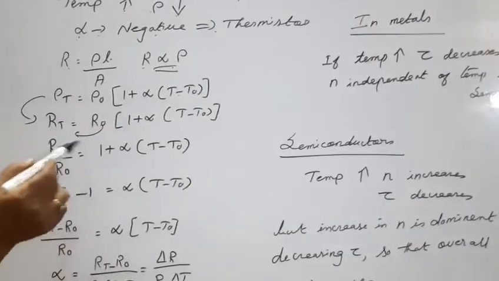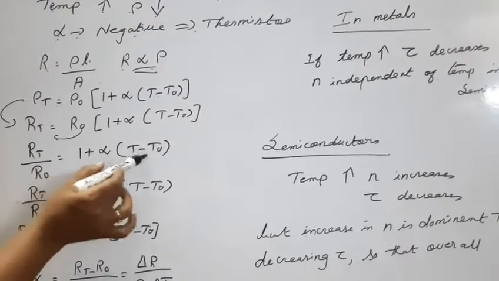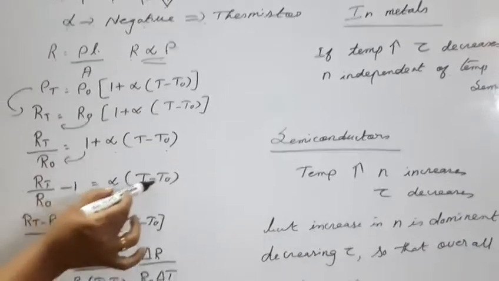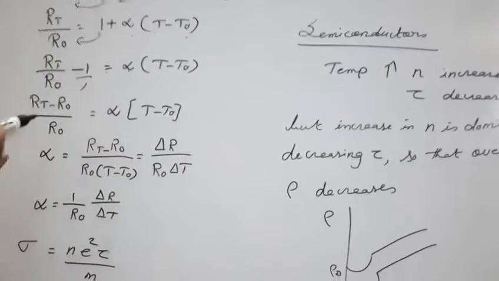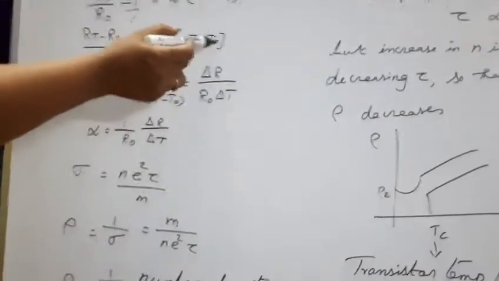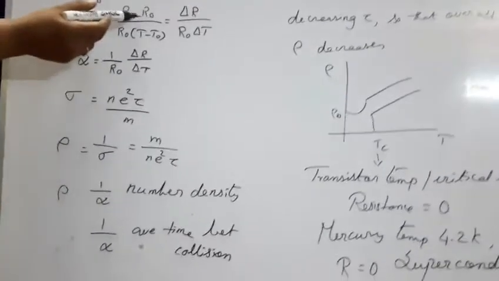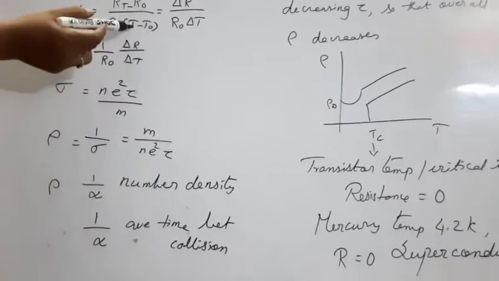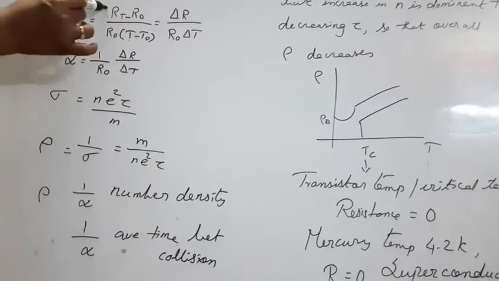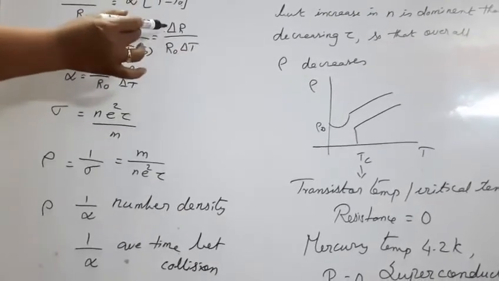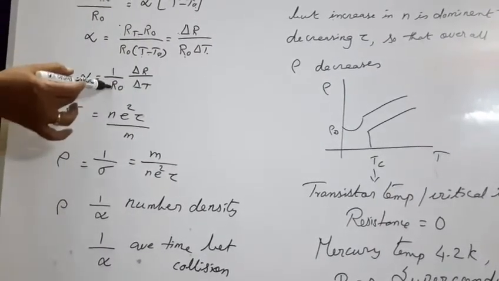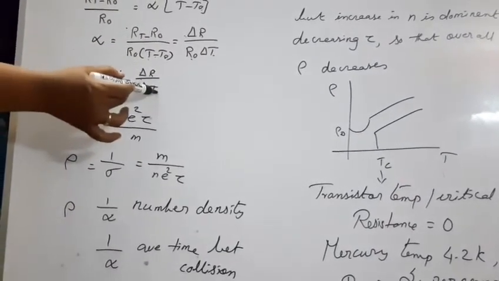Then RT by R naught equals 1 plus alpha into T minus T naught. Therefore RT by R naught minus 1 equals alpha into T minus T naught. Taking LCM, RT minus R naught by R naught equals alpha into T minus T naught, so alpha equals RT minus R naught by R naught into T minus T naught. So the resistance difference we can write as del R, alpha equals del R by R naught into del T. Therefore alpha equals 1 by R naught into del R by del T.